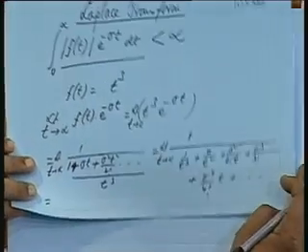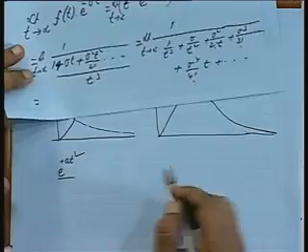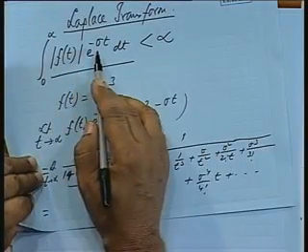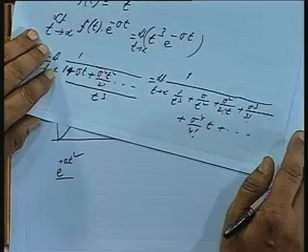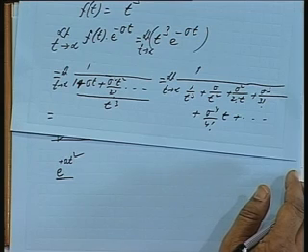So, for any function you have to check whether this property holds good or not. f(t) may go to infinity, but if f(t) into e to the power minus sigma t goes to a finite value, and the integration gives you a finite value, then it is transformable.